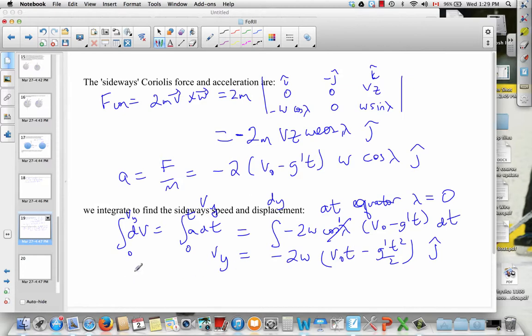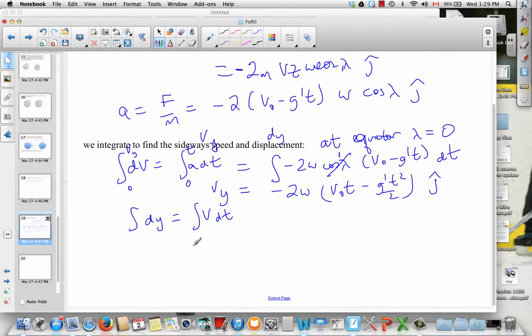Now, for the sideways displacement, it is v dt. I just integrate this velocity with respect to time. And for my y displacement, I get minus 2 omega. This becomes v naught t squared over 2 minus g prime t cubed over 6 in the j direction.